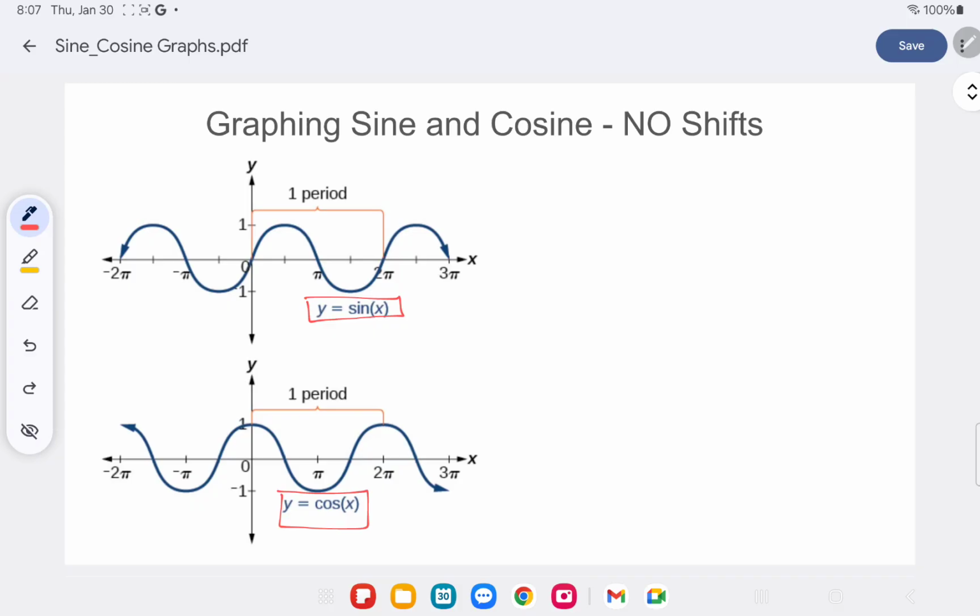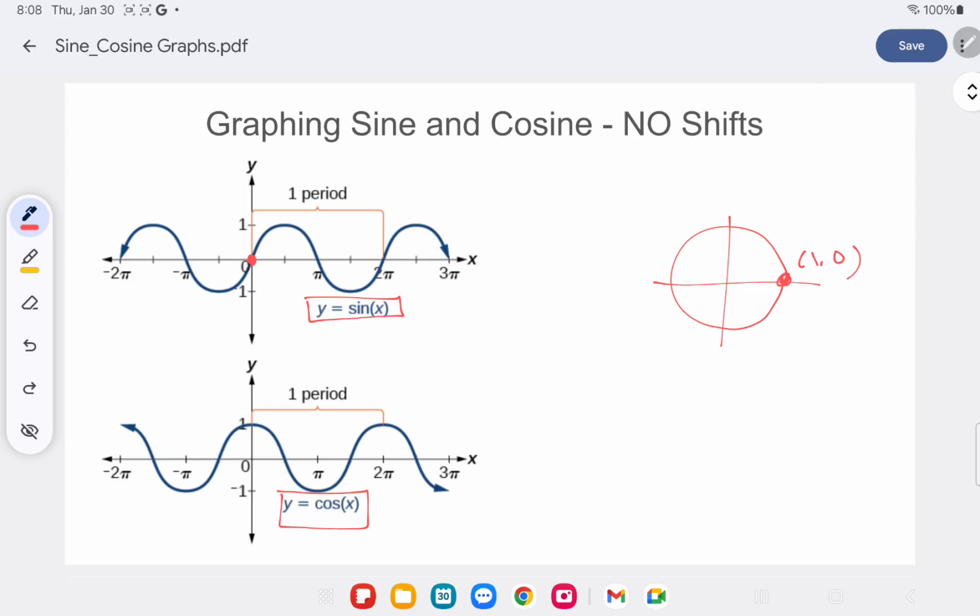A couple of things to note from just the differences between them. The sine graph typically goes through 0, 0 because sine has an x-intercept at 0, since on the unit circle, at 0, the y value is 0.